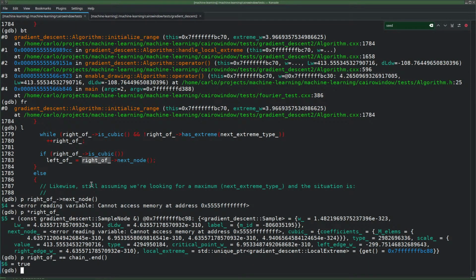Aha. So I'm calling is cubic on end, which is not allowed, and by, well, 50% chance, and apart from that it should have crashed. So that returned a random true, and then we called next node, which also returns random stuff, but in this case more noticeable than a boolean.